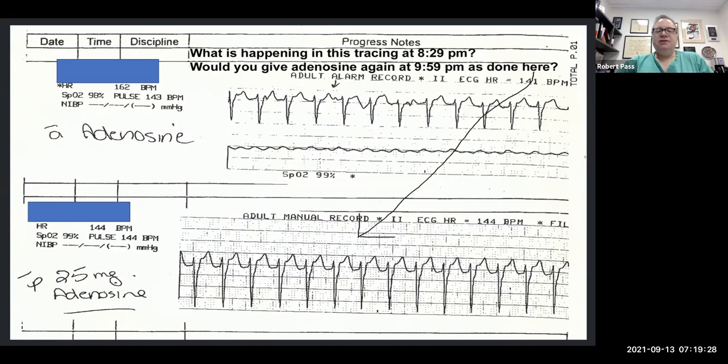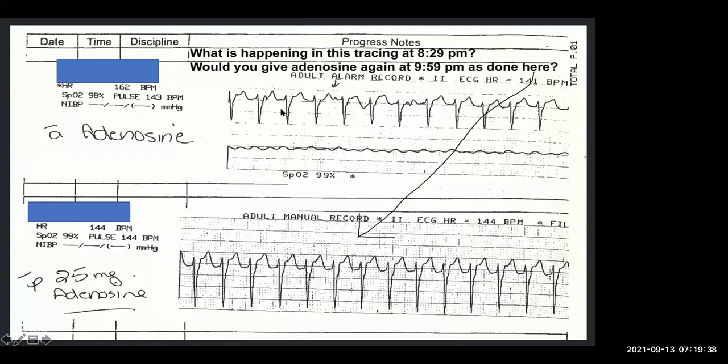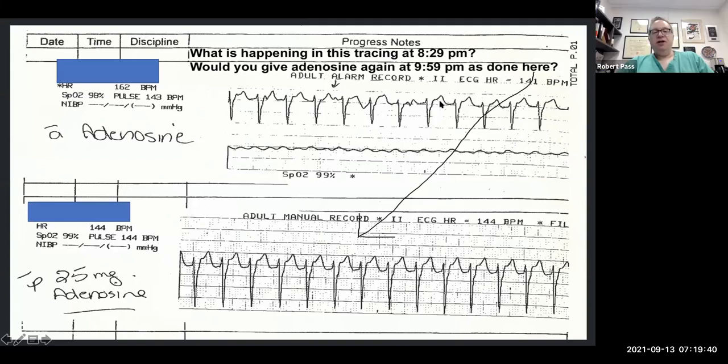It also seems like there is ventricular-atrial dissociation. Now, I didn't give you a large enough period of the tracing before the adenosine, but it's pretty clear that in the setting of adenosine, you have VA dissociation, but persistence of the ventricular rhythm.